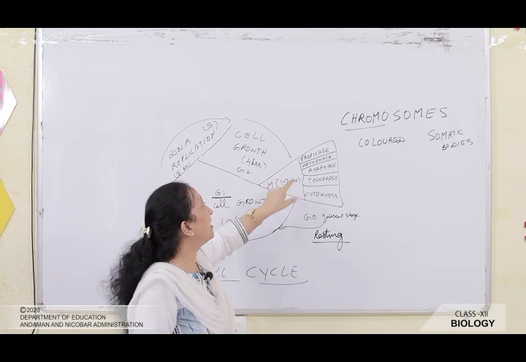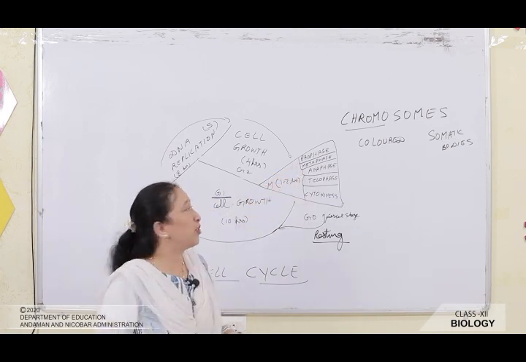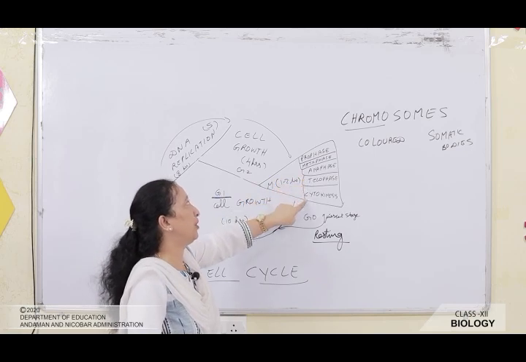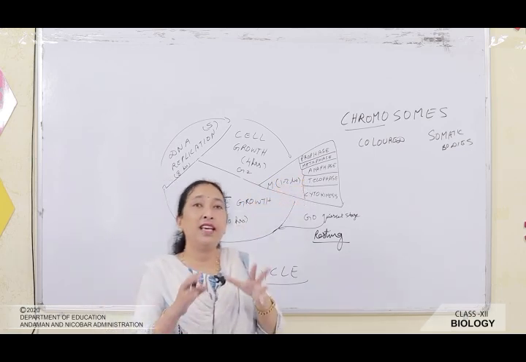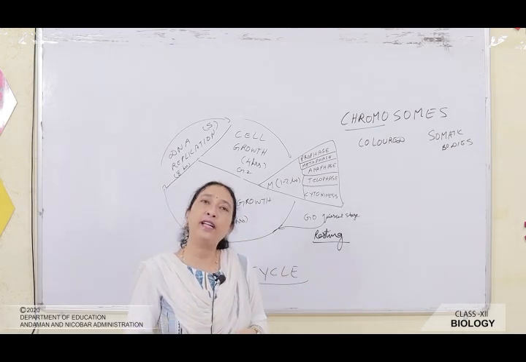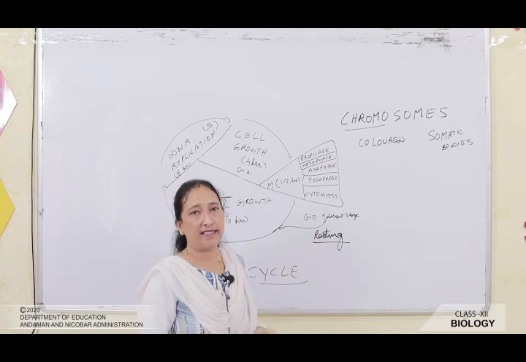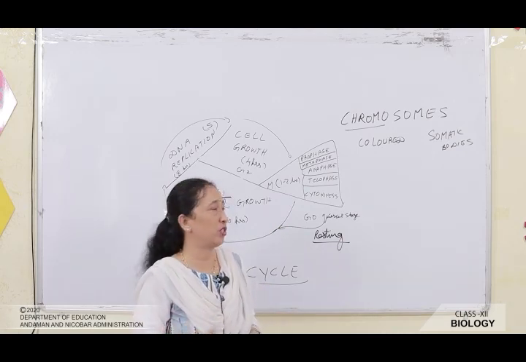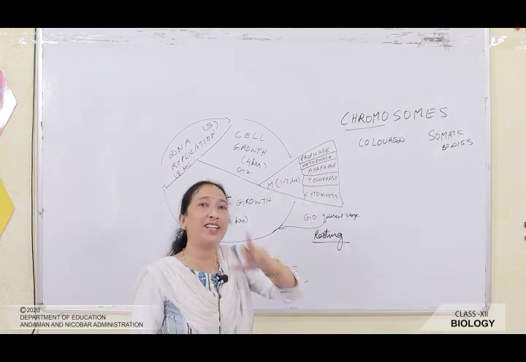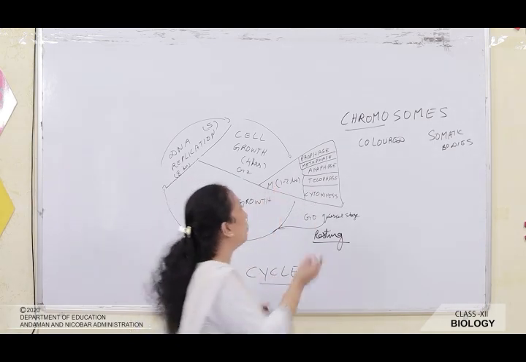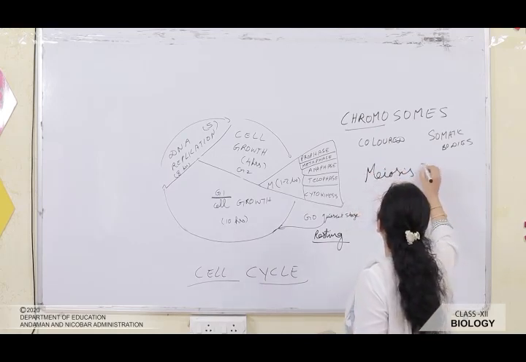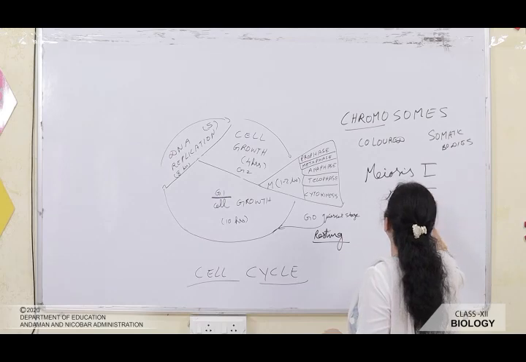The M phase is known as the mitotic phase or the meiotic phase. It is divided into 5 substages: prophase, metaphase, anaphase, telophase and cytokinesis. All these substages are there in mitosis as well as in meiosis. But if the M phase is a meiotic phase, then meiosis is divided into 2 substages, meiosis 1 and meiosis 2.